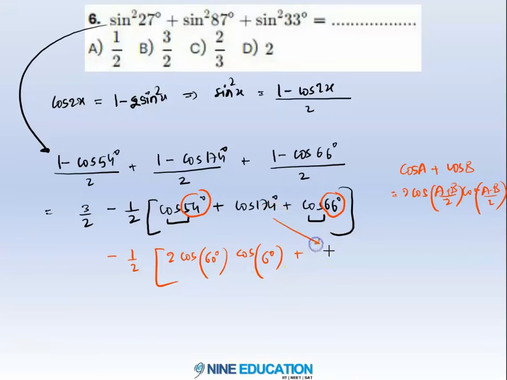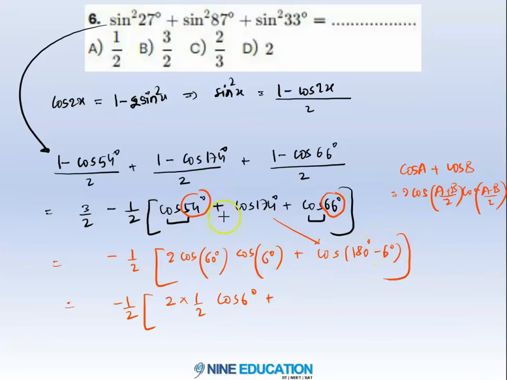And this cos 174 is nothing but it can be written as cos(180 degree minus 6 degree). All right, so even this minus half will be as it is. This is nothing but 2 into 1 by 2. So cos 6 degree plus cos(pi minus theta), which is nothing but minus cos theta.